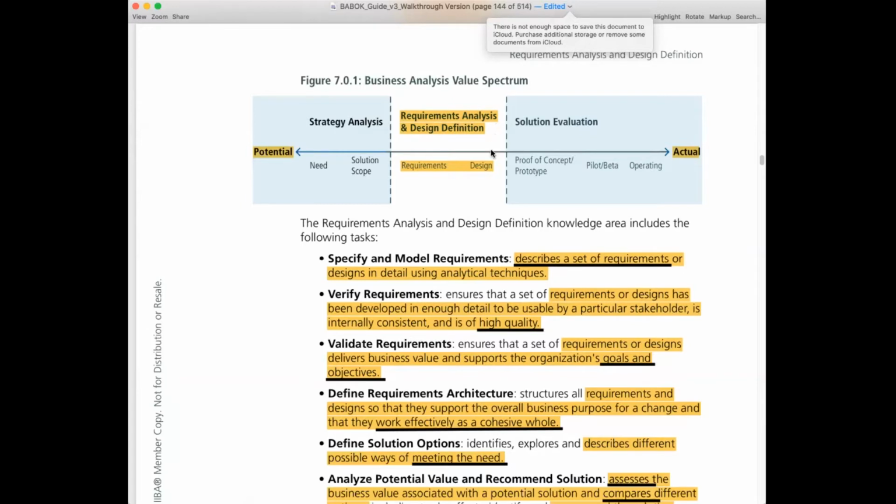Now, requirements analysis and design definition basically falls right in between those two areas, where we are actually representing the needs with the requirements, and then representing a solution with the design. So that is going to be our input for these things, so that we can start measuring the potential value of those things.